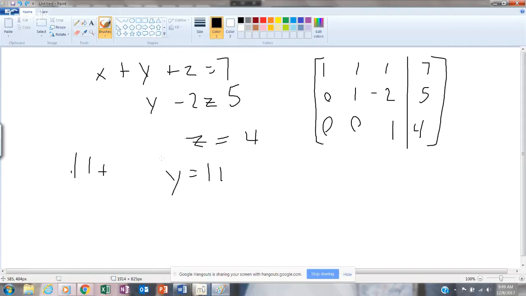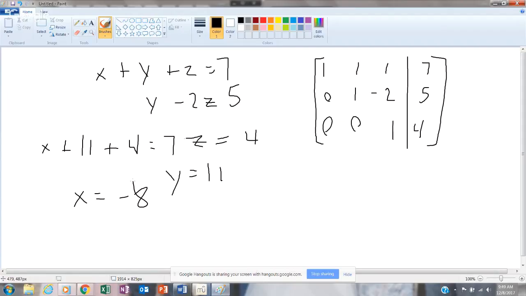Sorry, it's really hard to write precisely on here. x plus 11 plus 4 equals 7. So 7 minus 15, x equals -8.